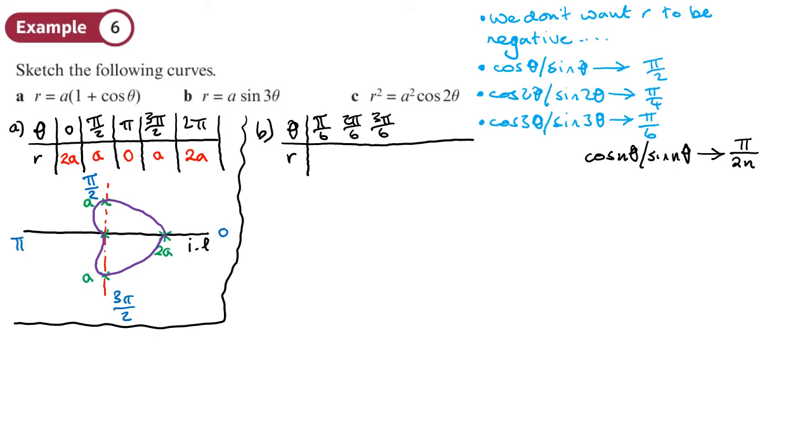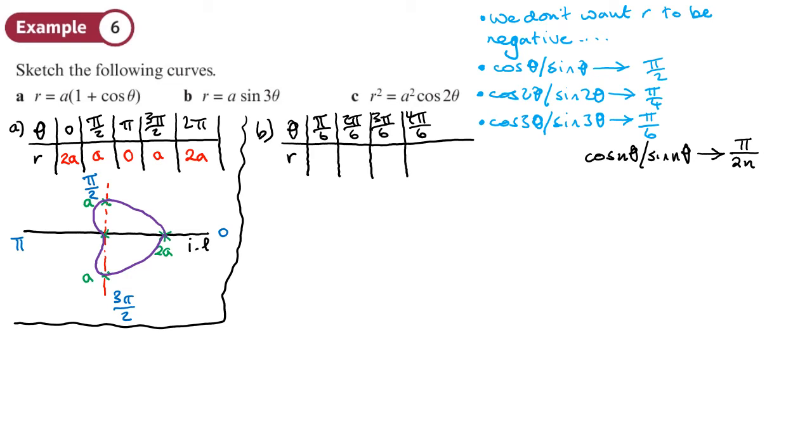And we want to go up and stop when we do 3 times that, we get 2 pi. So 4 pi over 6 will be the last one, because 4 pi over 6 times by 3 gives you 2 pi. So again, we're going to fill in the table.